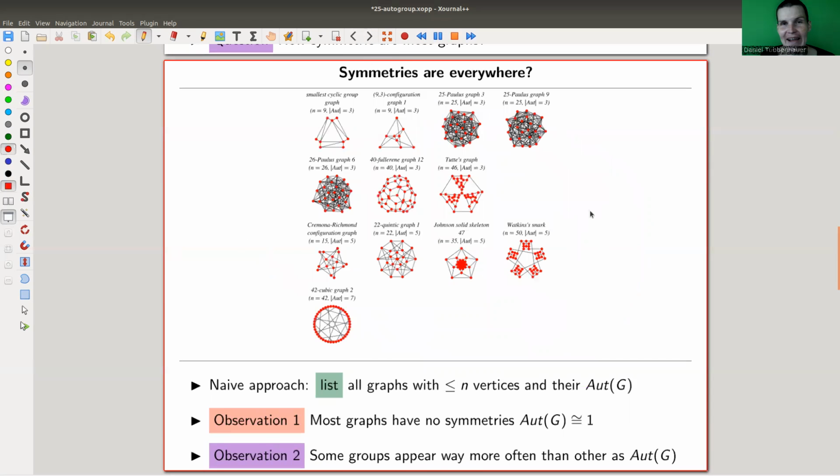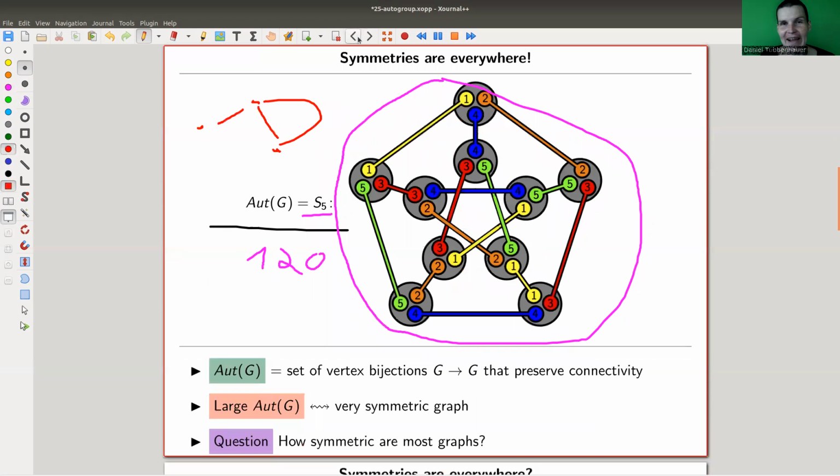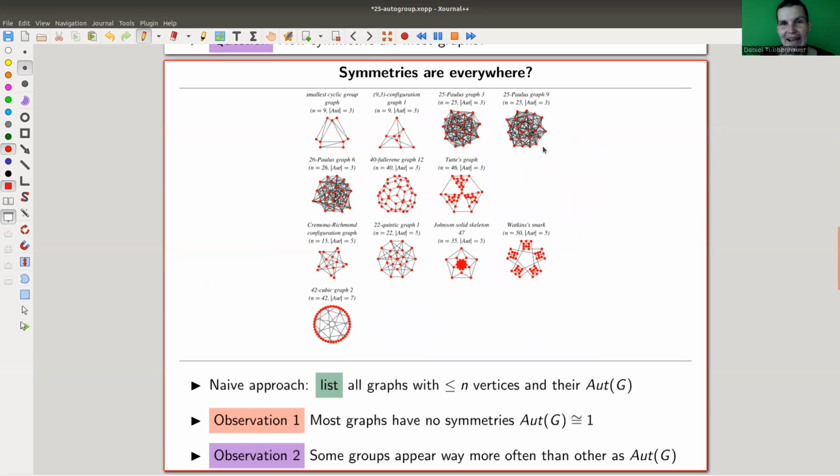Anyway, so symmetries are everywhere, right? Symmetries are everywhere in nature and in graphs. Well, maybe not actually. So what you can do is a naive approach. You list all graphs up to a certain number of vertices, which works well for graphs below, say, 20 vertices, and you list their automorphism groups.